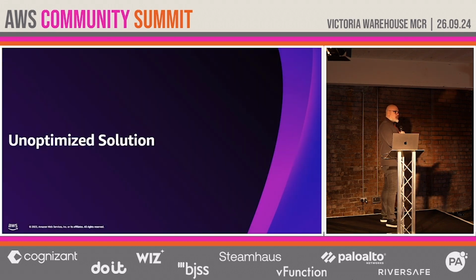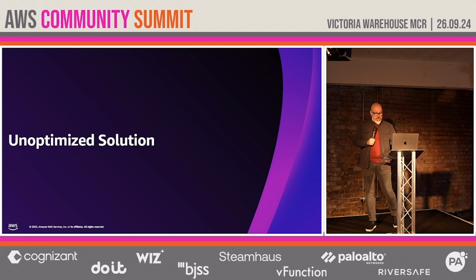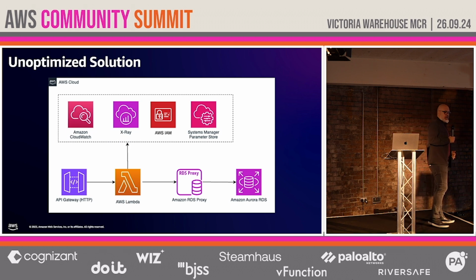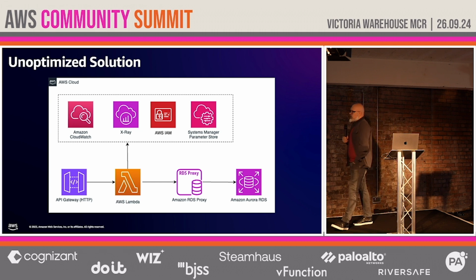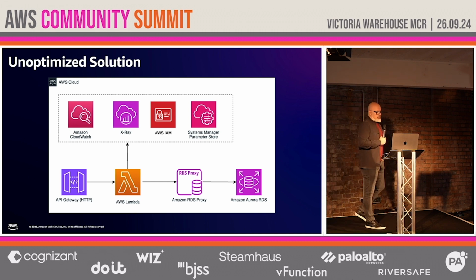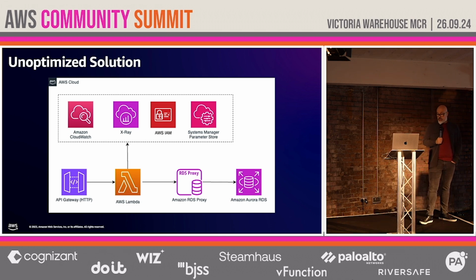Okay, now that we have the basics, let's start with what I call an unoptimized solution. When I was working on this, I thought, what can we do to create something similar to what other people would build? This is a classic CRUD API, where you have an API gateway exposing a Lambda function.